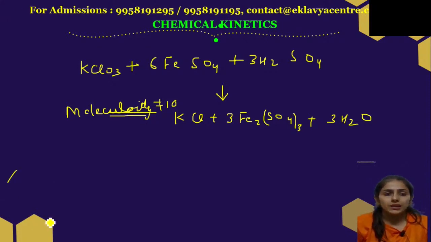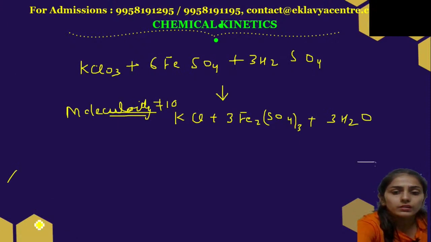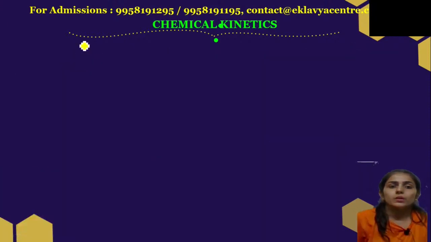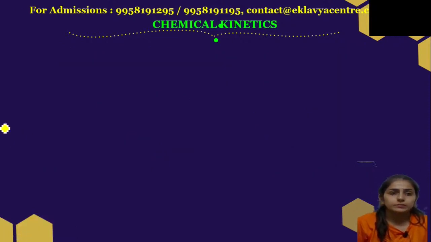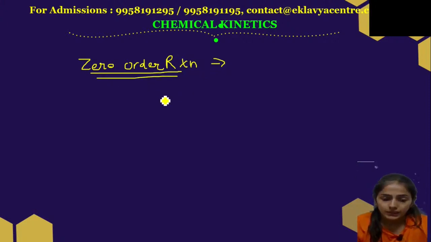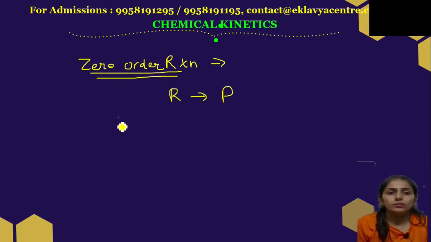So next we have the zero order reaction. What is a zero order reaction? A zero order reaction means the rate of the reaction is independent of the concentration of reactants. Suppose we have R going to P, but the rate of reaction is independent of the concentration of reactants.